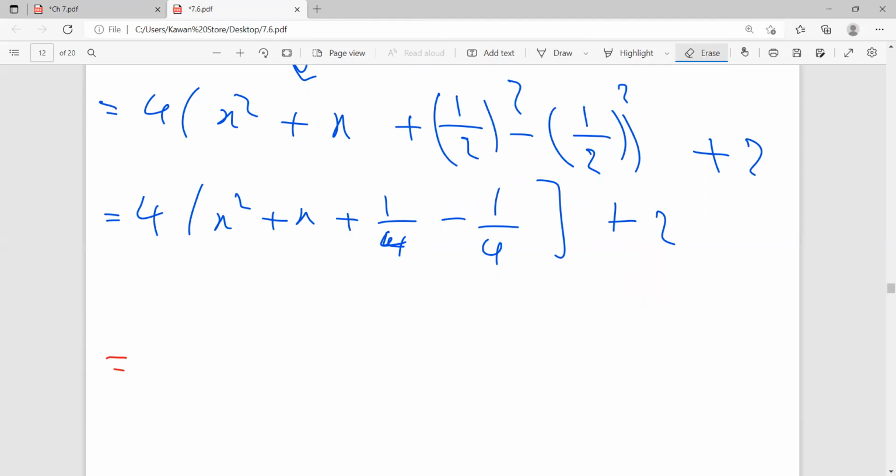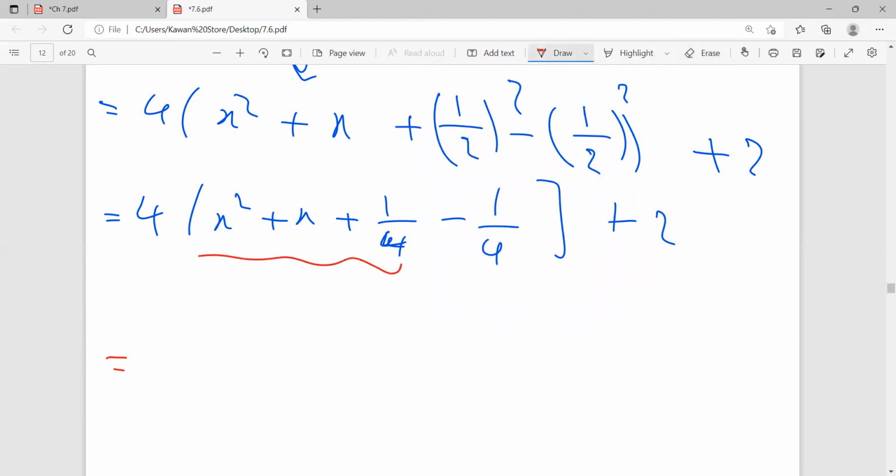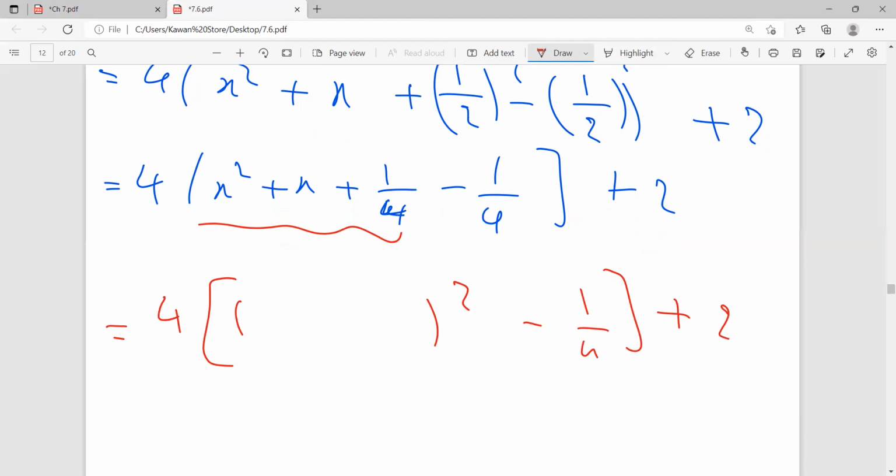Okay, we say that we need these 3 together. So these 3 together will be what? Square root of here, square root of here, and sign of here. So I got the square root.